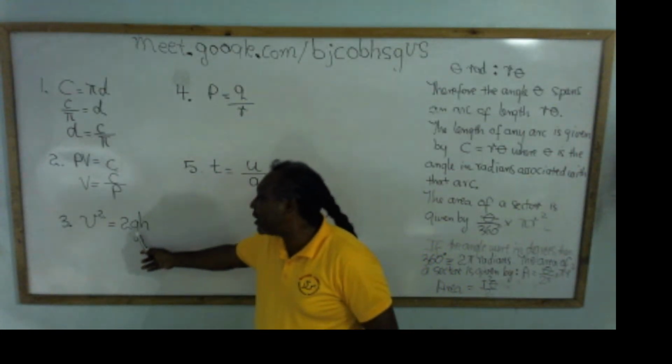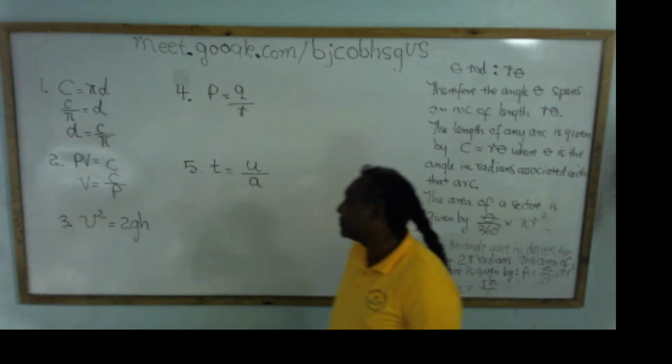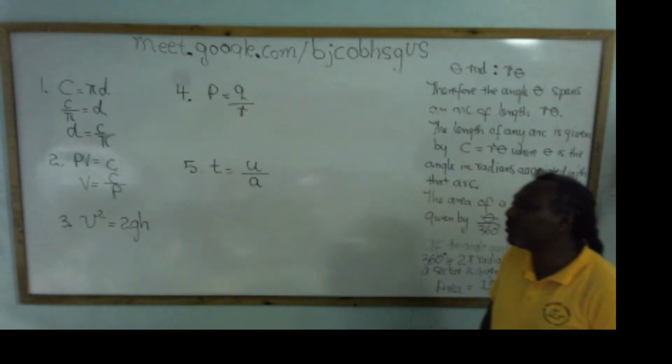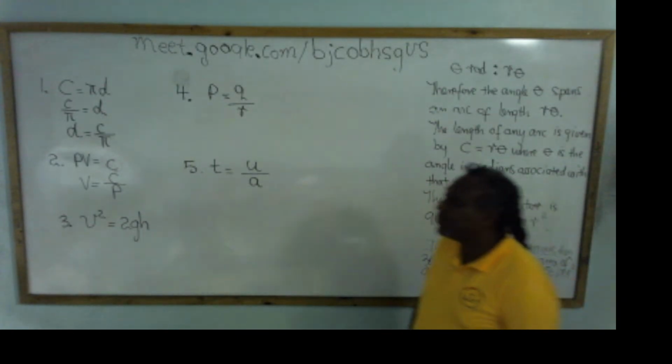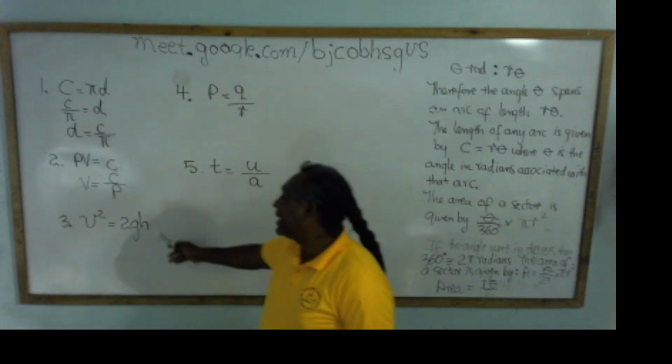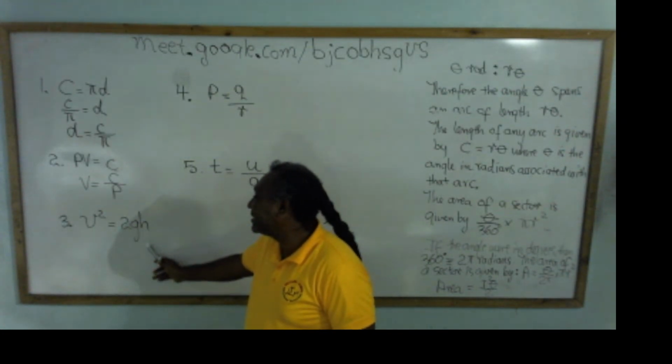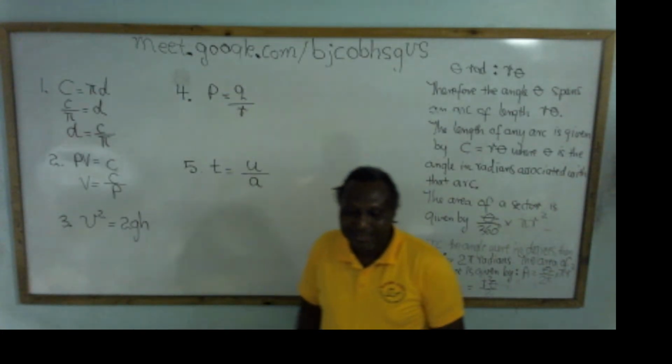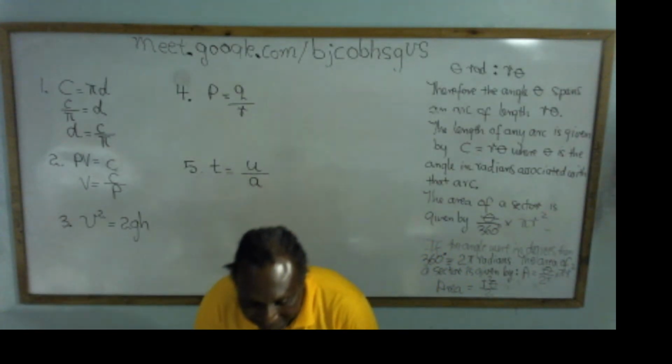This is a formula. V squared is equal to 2GH, where V stands for velocity, H stands for height, and G is the acceleration due to gravity.